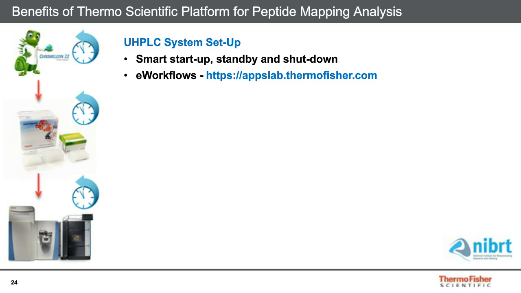So Mauro and his colleagues have invited me to share some of my experiences with the Thermo Scientific platform for peptide mapping analysis, including sample preparation using the SMART Digest kit, analysis using the Vanquish UHPLC with an Acclaim C18 column, and data acquisition and processing using Chromeleon 7.2 and BioPharma Finder software.